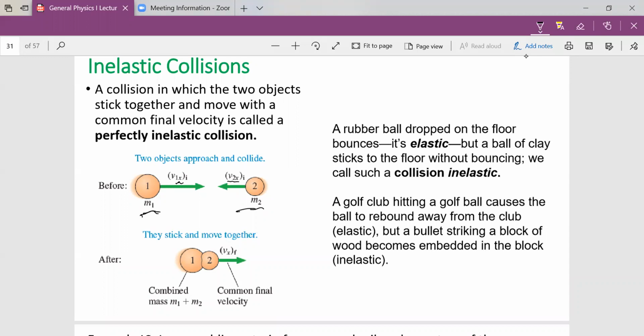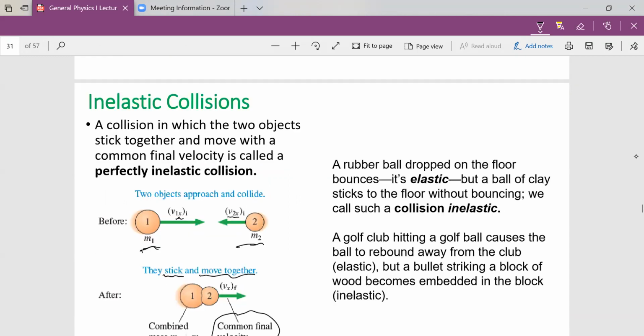Okay, so they collide and stick together. Then they move together, so they move with common final velocity. So the masses combined, and then we'll have common final velocity. This is a typical example of a perfectly inelastic collision.